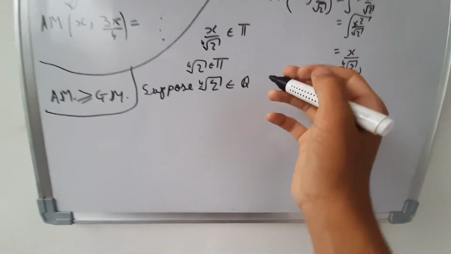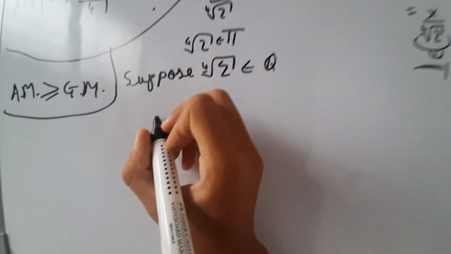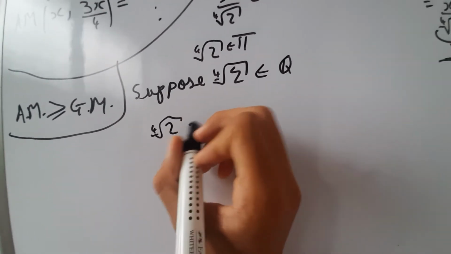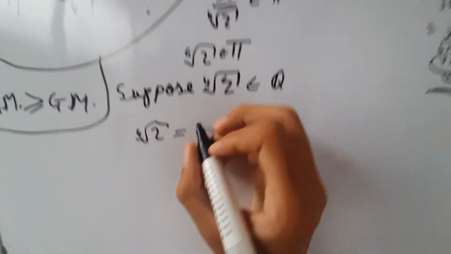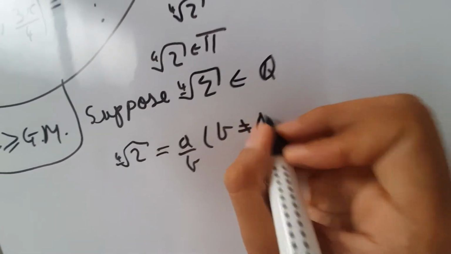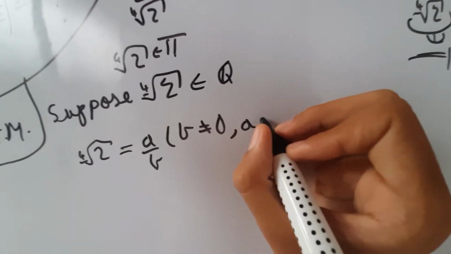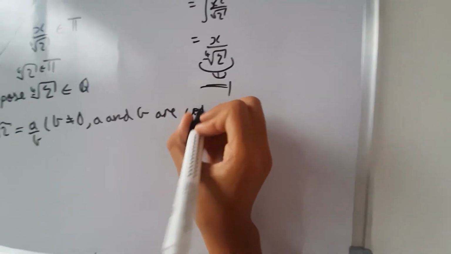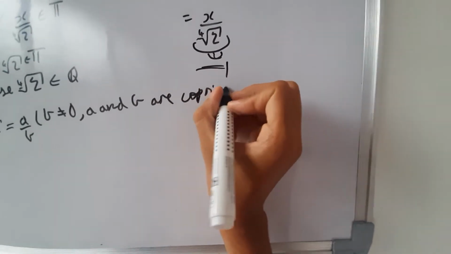So anyways, moving on. For any rational number, we have the rational number equal to a upon b, such that b is not equal to 0, and a and b are co-prime integers. That's the definition of rational numbers, if you remember that.